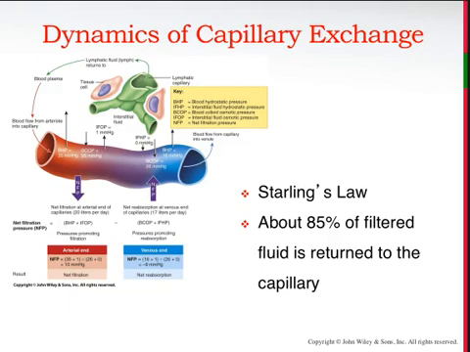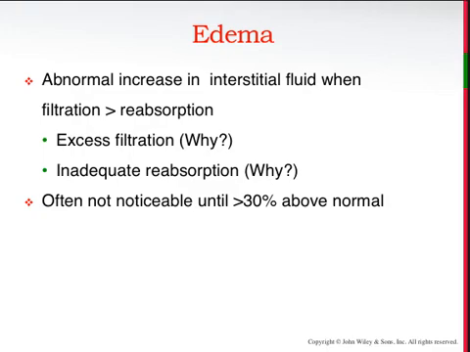So that escaping fluid and level of plasma proteins, those guys are actually going to get picked up by the lymphatic system and the lymphatic capillaries that are going to be in physically very close association to the blood capillary. Essentially, we're going to have about 3 liters a day that's going to get picked up by those lymphatic capillaries.